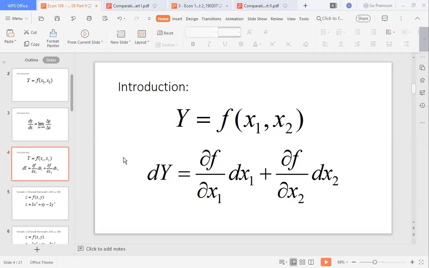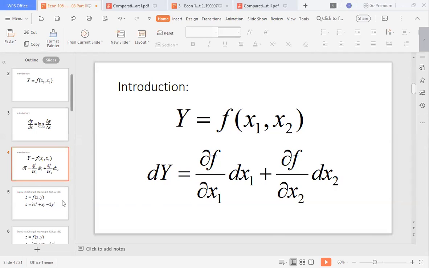So when you're getting the total differential, it means you're getting the sum of the partial derivatives with respect to each variable, multiplied by its change. You will need to get yourself familiar with this, because it is ultimately the same whenever you're getting a total differential. If there's one thing to remember about total differential, it's that you get the partial derivative, then multiply it by a change in x sub 1 or a change in x sub 2.